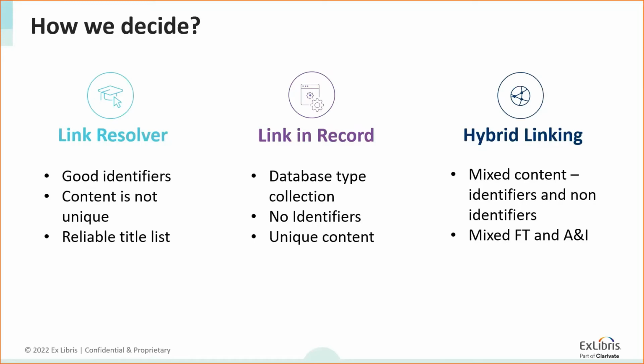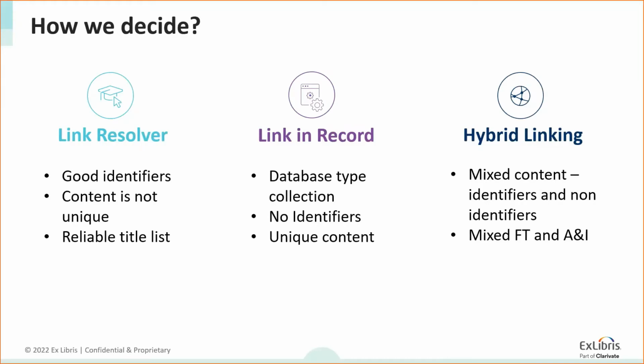The linking record will be used, of course, in database-type collections because we don't have portfolios to do the linking with. So all of the database collections that have full text will use a linking record. But also collections with portfolios: sometimes we will choose to use the linking record in case the content has no identifiers.